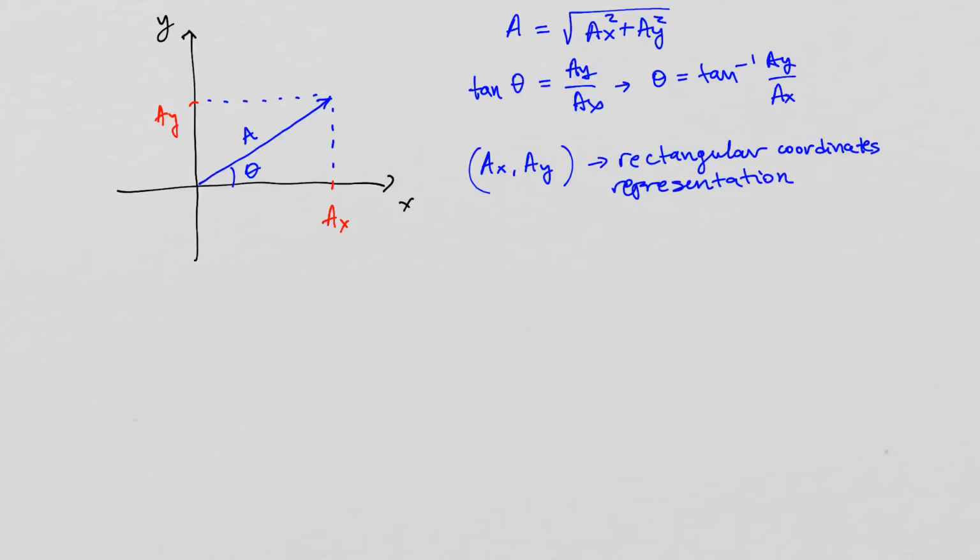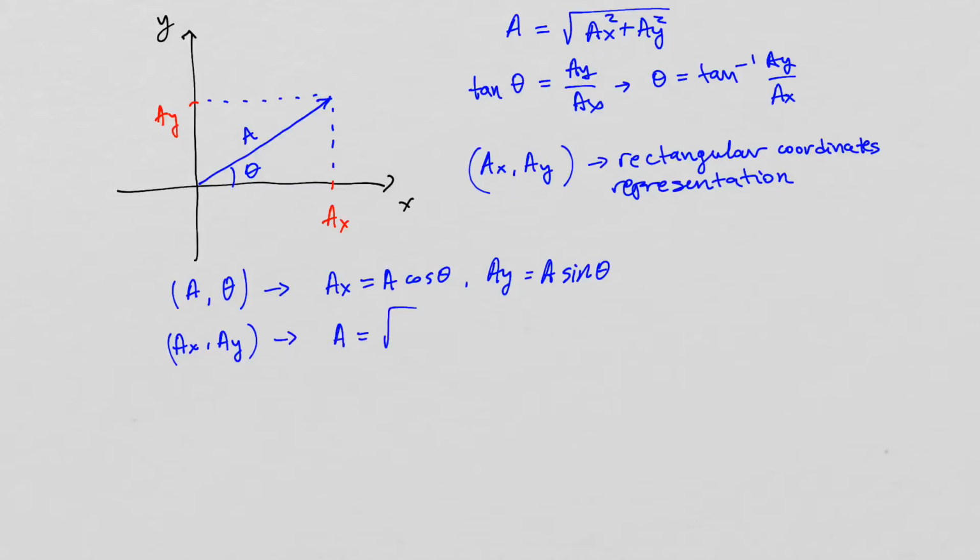Let's sum it up. If I know the magnitude of the vector in space and the angle that it makes with the horizontal x-axis, then from here I can find the components. Ax is equal to A cosine theta and ay is equal to A sine theta. Or if I knew the components ax and ay, I can find the vector itself by magnitude, and that is the square root of ax squared plus ay squared.